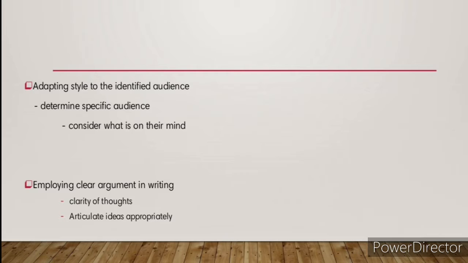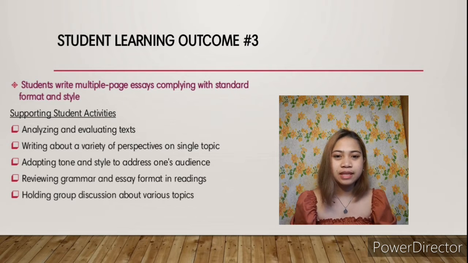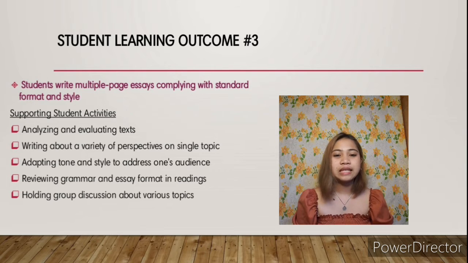Lastly is employing clear argument in writing. It is very important to employ clear argument in writing in order to have a clarity of thoughts and articulate the ideas appropriately.